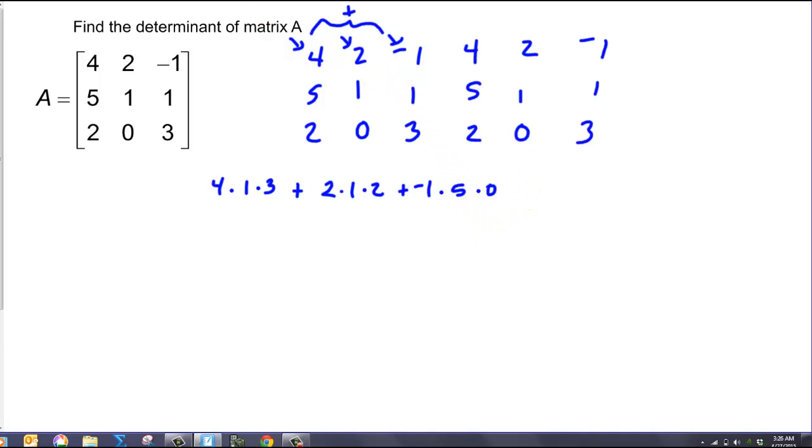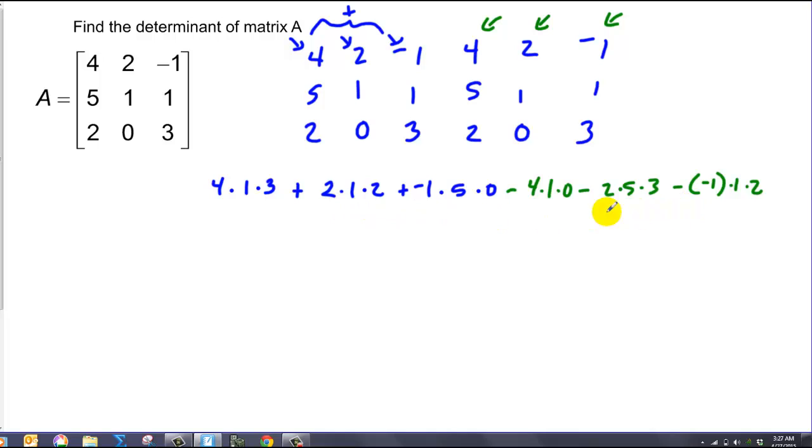Then I'm going to look at my left diagonals of the same matrix. And in this case, I'm going to subtract everything. Subtract 4 times 1 times 0. Subtract 2 times 5 times 3. Subtract negative 1 times 1 times 2.